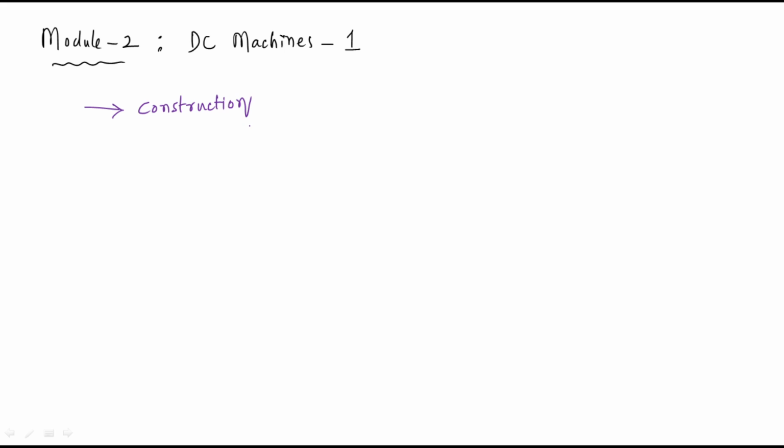Okay, yoke, armature, where we have to get the armature winding, so like that. So different parts of machine we have to discuss. That is nothing but construction of DC machine. And armature winding, this is very important concept.